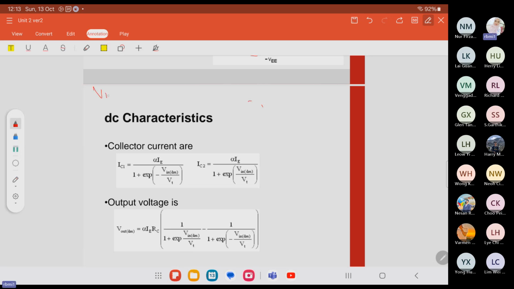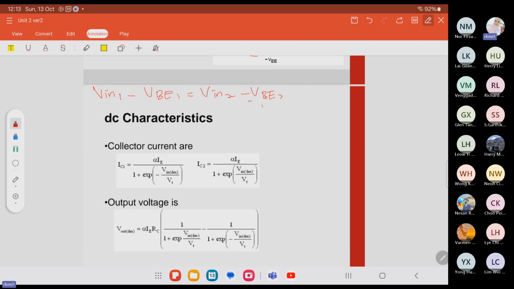Okay, Vin1 equals Vin1 minus VBE1 equals Vin2 minus VBE2, because it is identical.